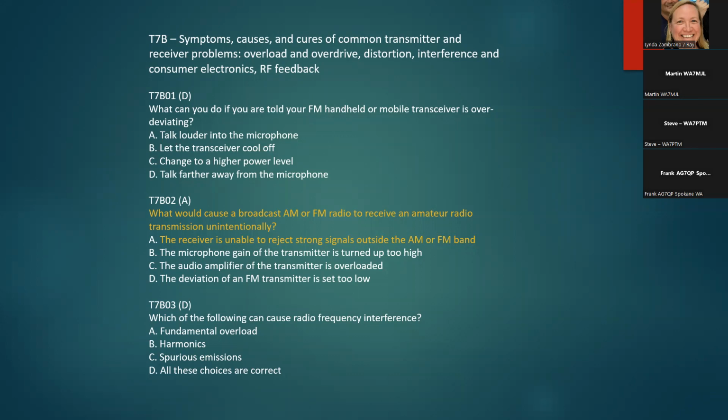And that's just because the circuitry in the radio is not that selective, to use that term again, and it actually receives the signals from the transceiver.